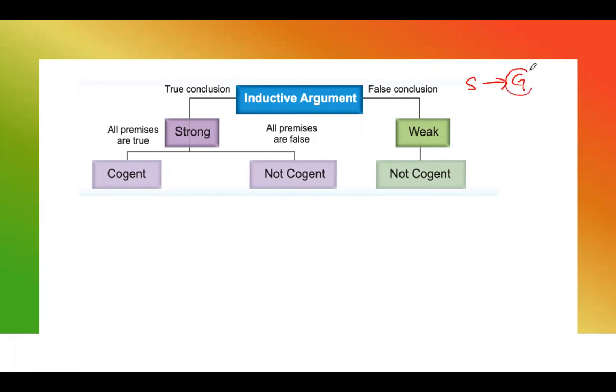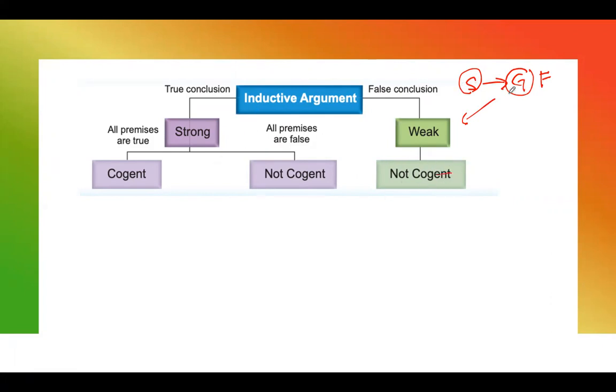If the conclusion is false, that means the general conclusion that we form is false, then it is a weak inductive argument and not cogent. Okay, cogent.